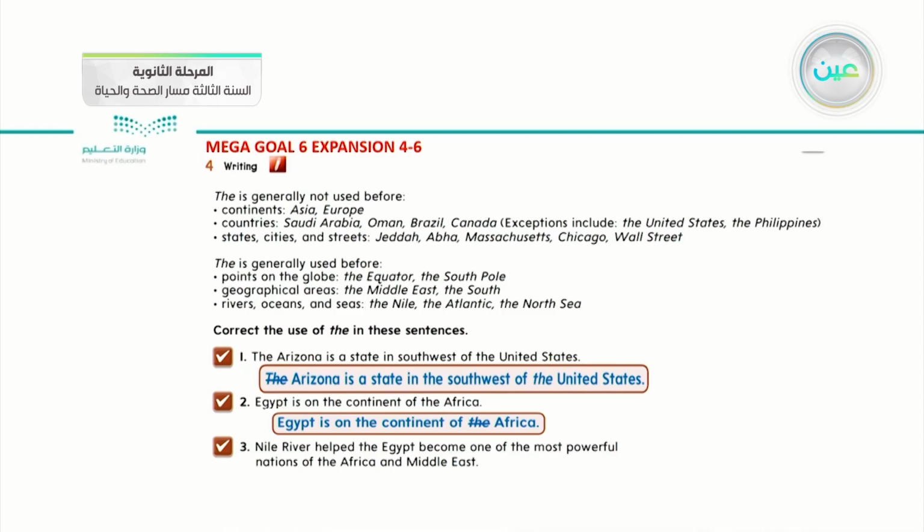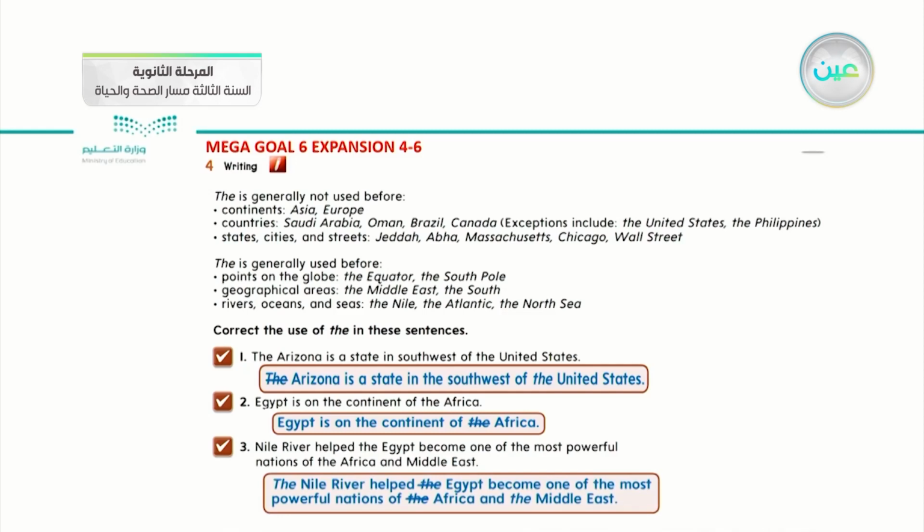Number 3, Nile River helped Egypt become one of the most powerful nations of Africa and the Middle East. What do you think? What is the wrong one here? We're searching for the article "the" that we should omit. What do you think the suitable one is? Try to think. Okay, the Nile River.